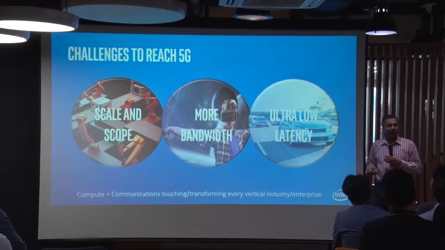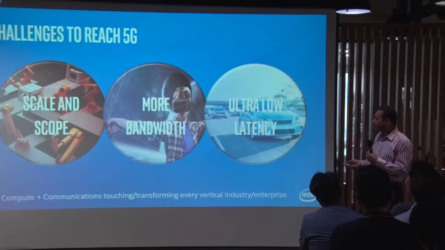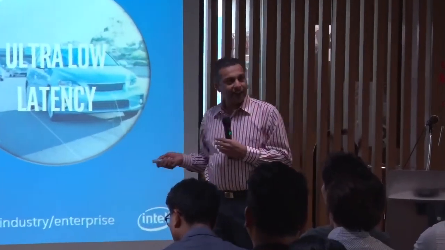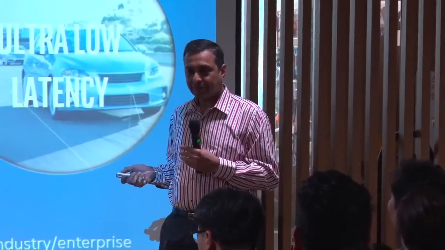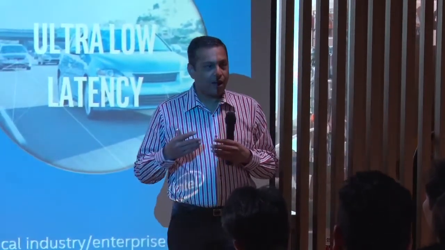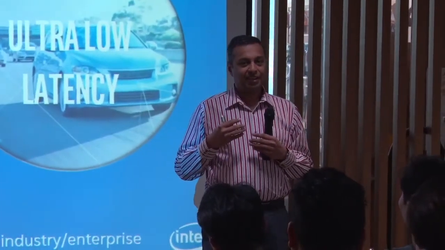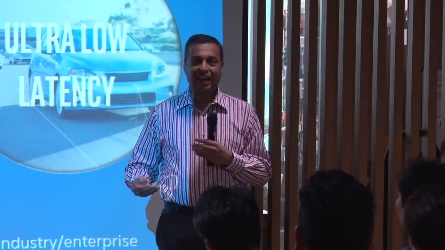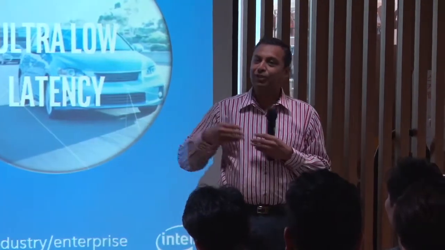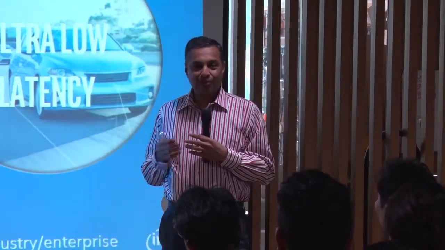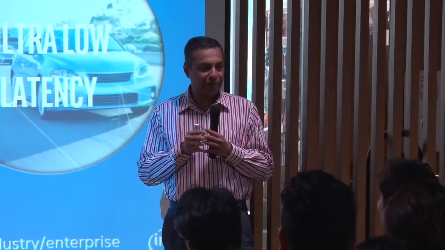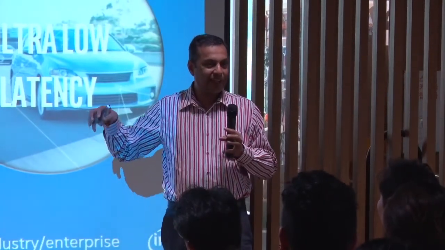So that poses another challenge for this kind of new network that is going to get deployed. And another aspect that we see here is any device that communicates will also compute. And any device that computes will also want to communicate. Historically, compute and communication have been completely separate, independent entities.